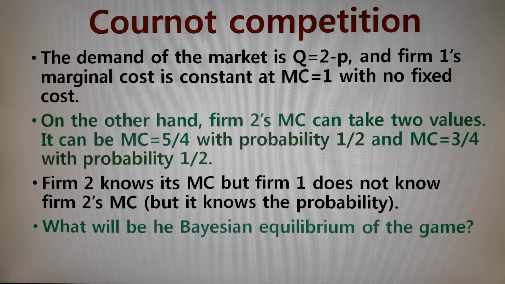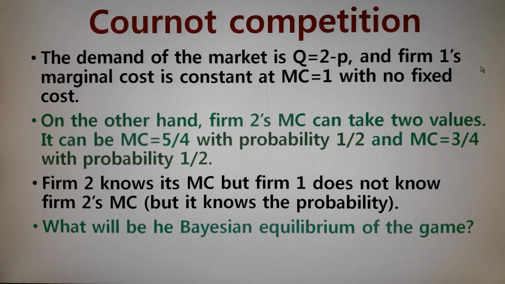If it's a Bertrand competition, they compete with the price. But in Cournot competition, they compete with the quantity. So we will assume the demand of the market is Q equals 2 minus P. So the quantity demanded would be 2 minus the price.